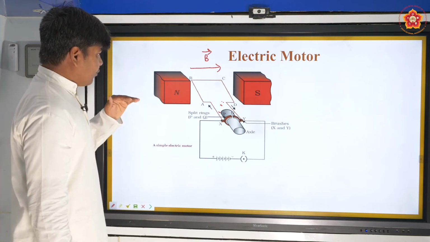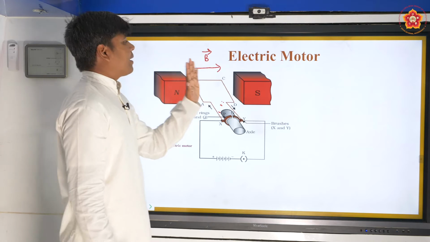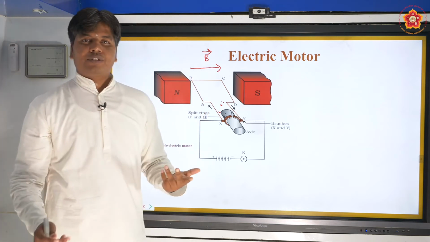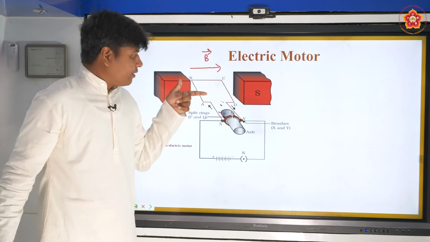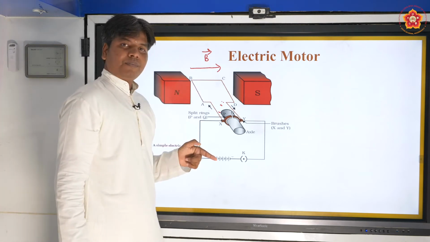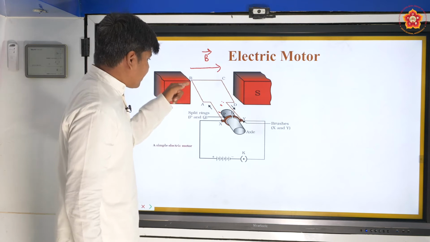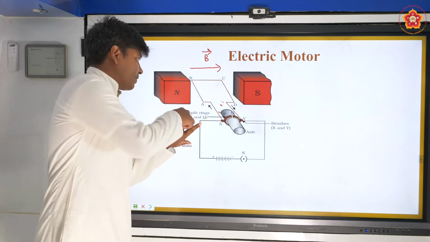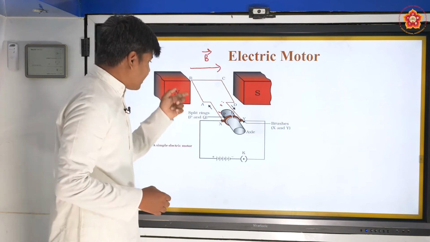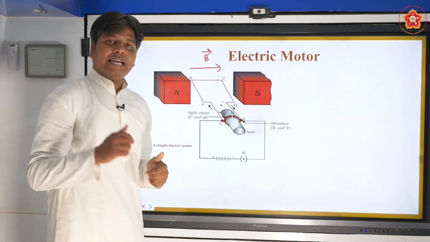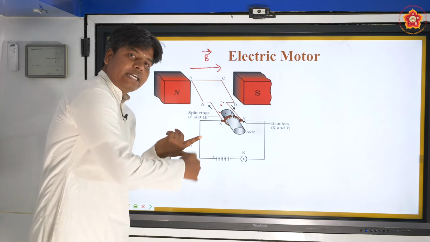Now, we know the current direction, we know the magnetic field direction. Let us find out the force. It's very easy, right? Again, take your left hand. Field direction is from north to south and the current direction is inwards, right? So the segment AB will experience a force downwards.